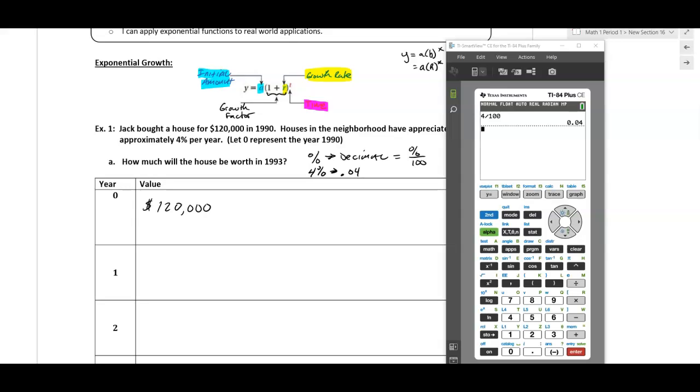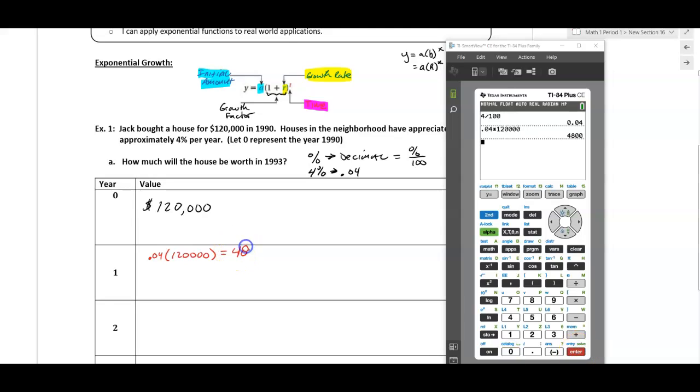So after year one, what do we have here? Well, I'm going to find how much it goes up in value. Since it's going up 4% per year, we take 0.04 times the value of 120,000, and you get $4,800.